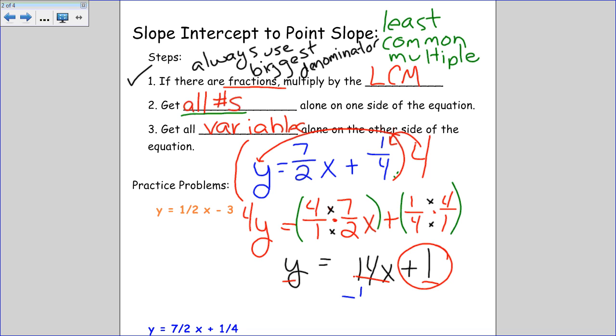So I'm going to subtract 14x from both sides. Okay, my new equation then is going to be negative 14x plus y, because my y is positive, equals 1. That's it. That's all I have to do.